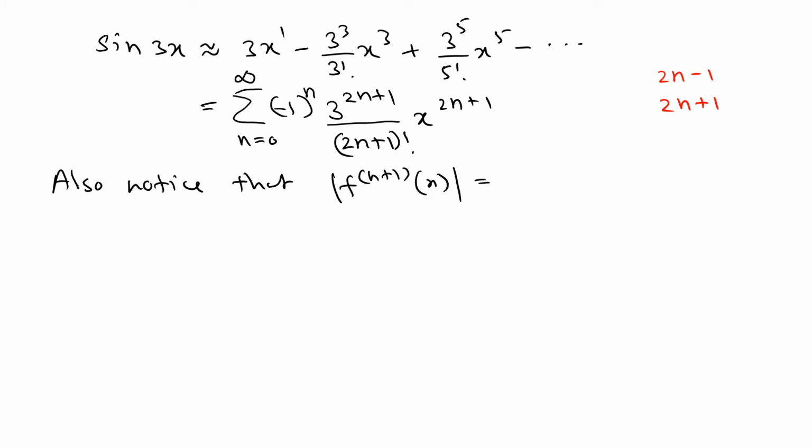There should be a sine term, but since we take the absolute value, we don't need that. So we only have 3 to the n plus 1 and some sine term, but we know the sine is always between -1 and 1. So this is less than or equal to 3 to the n plus 1. That is the M that we are talking about in the Taylor inequality.